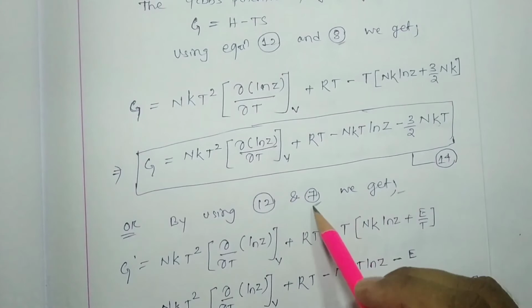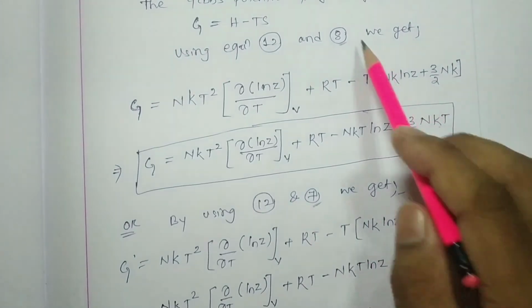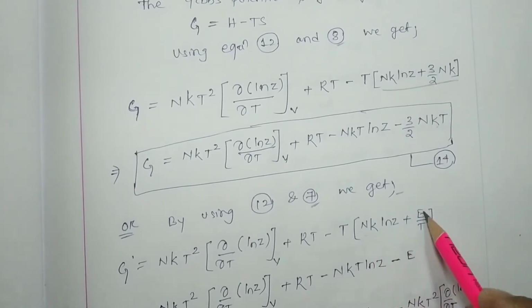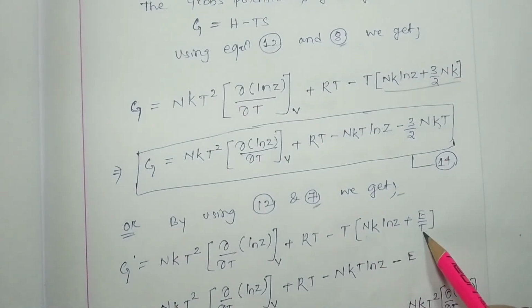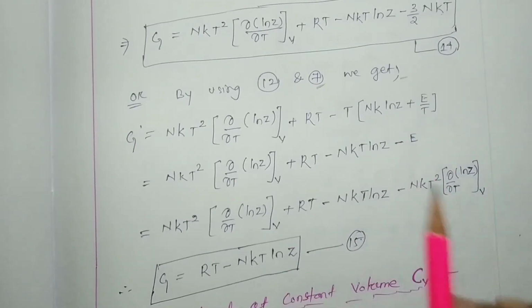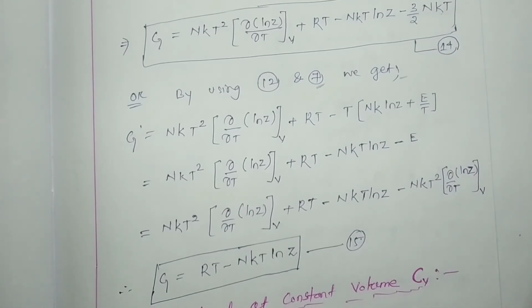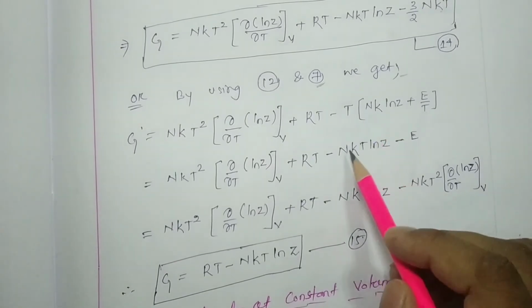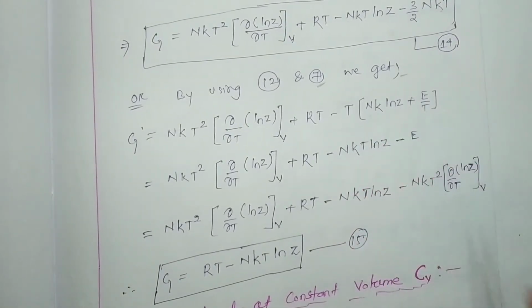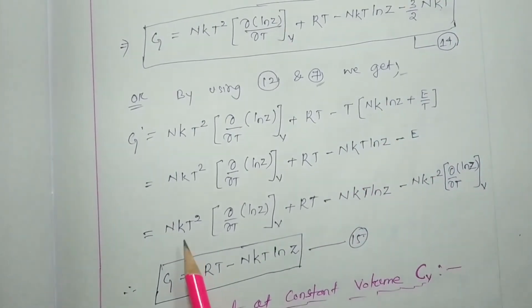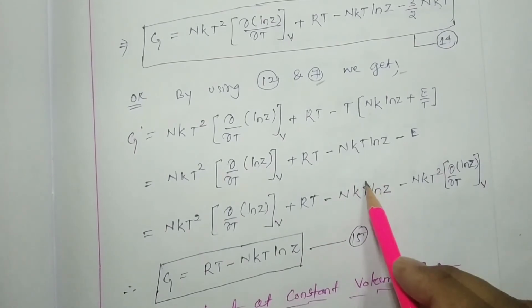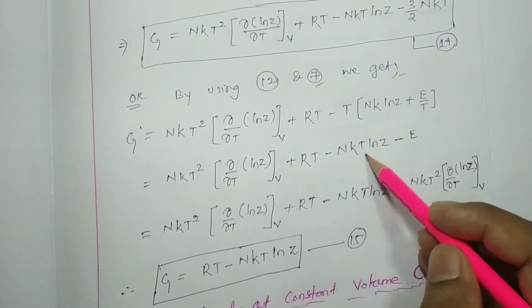If we consider 7, instead of this one we have to write nk ln z plus E by T. So after simple simplification, this is nkT ln z minus E, and here nkT square del by del T of ln z at constant V plus RT. This term has been written as usual, nothing changed.